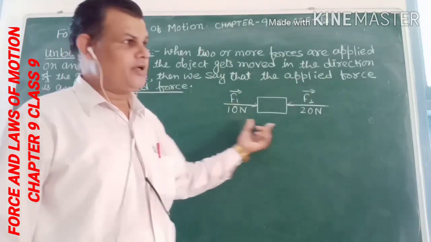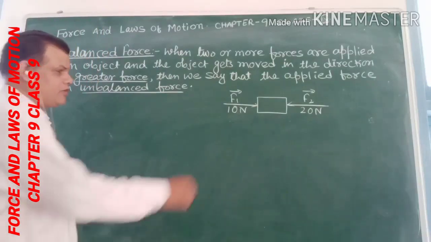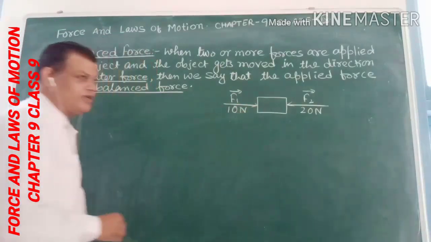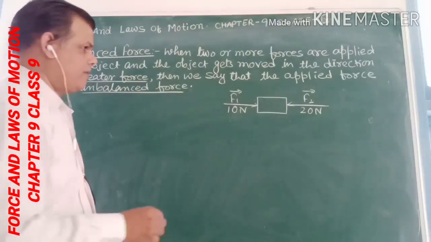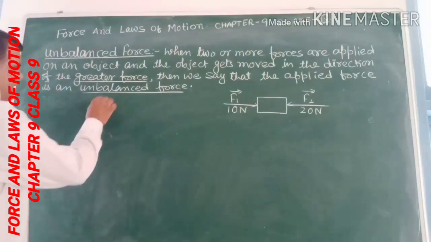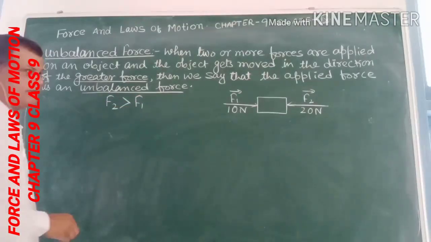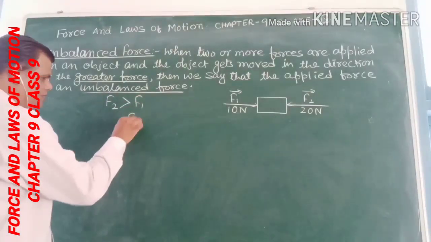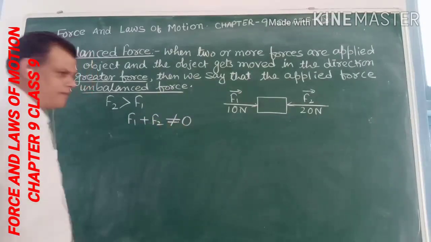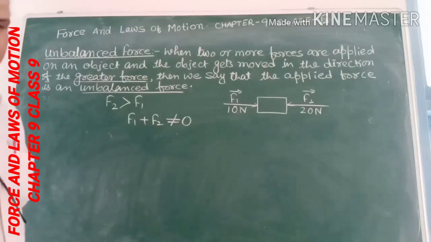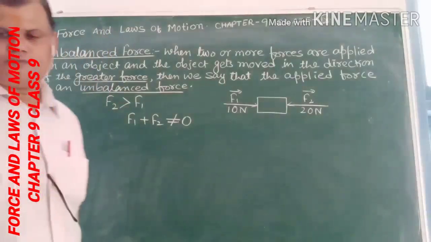One is 10 Newton and the other is 20 Newton. Then very simply this box will move towards the direction of the 20 Newton force. So force F2 is greater than F1, and F1 plus F2 will never be equal to 0. There will be a difference, and such forces are called unbalanced forces.